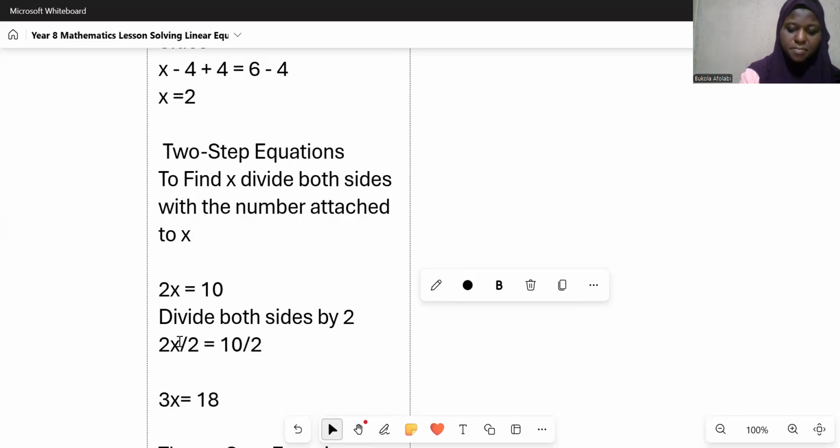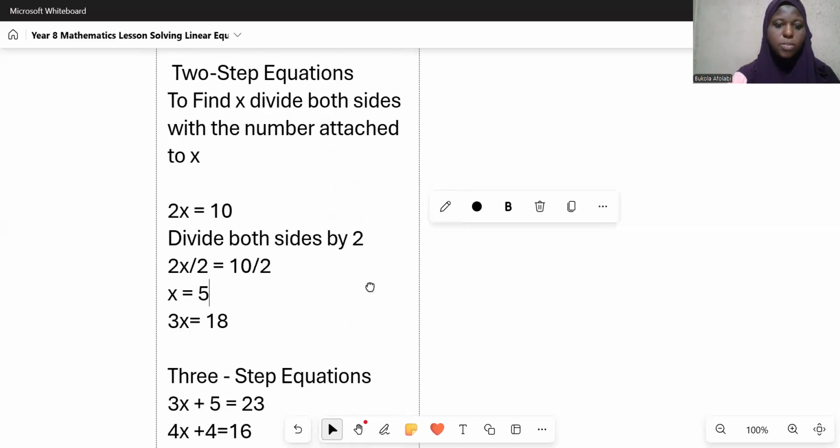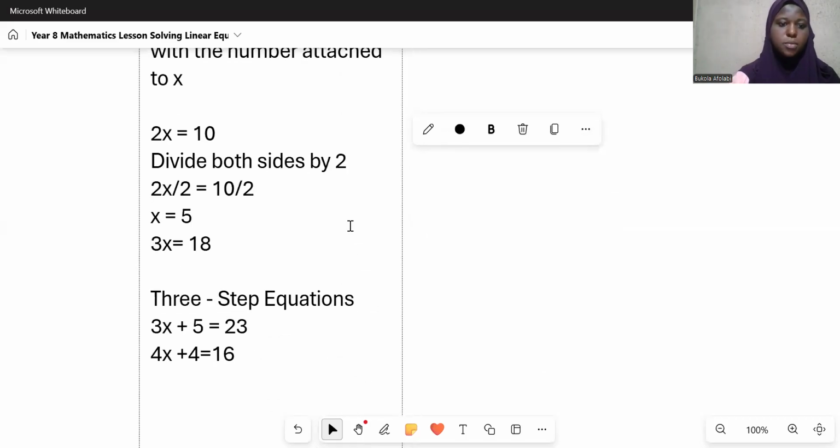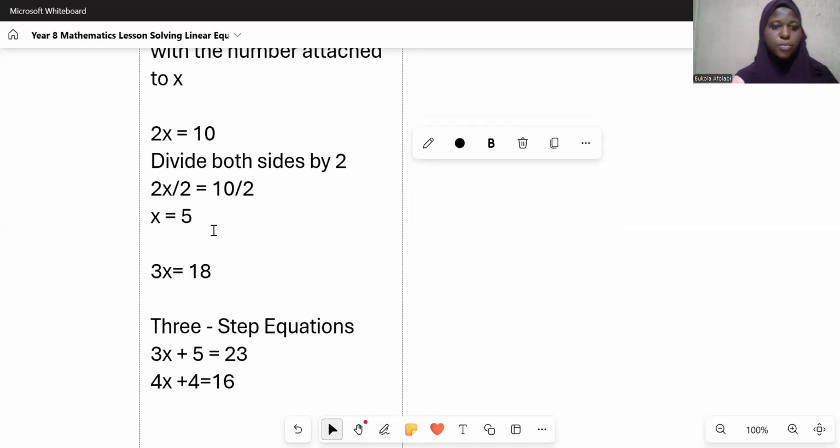So we have X equals 10 divided by 2, which is 5. So X equals 5. Good. Well done. So now let's take another example.